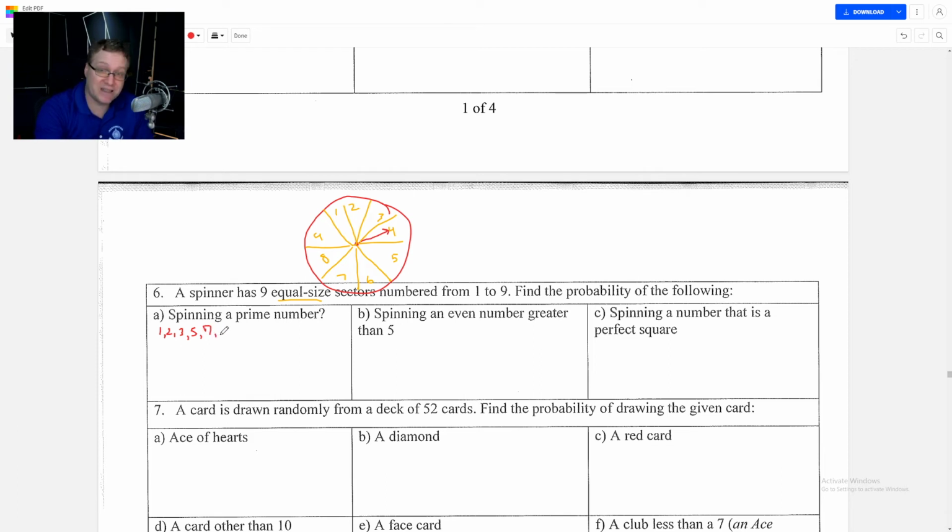And then 8 is not a prime number. And 9 is not a prime number. And we just want to go from 1 to 9. So these are all the prime numbers.